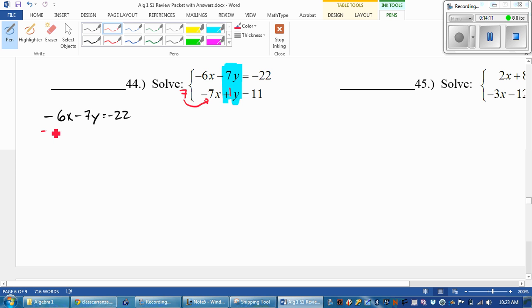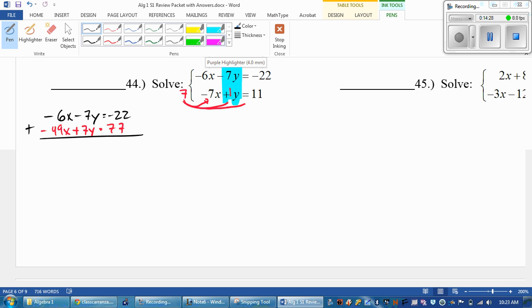So we get negative 49x plus 7y equals, and then 7 times 11 is 77. Now we add everything up. Just like we wanted, our y's cancel out.